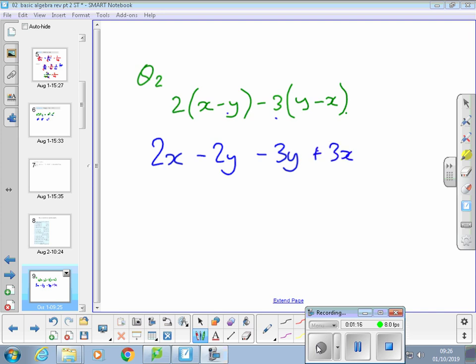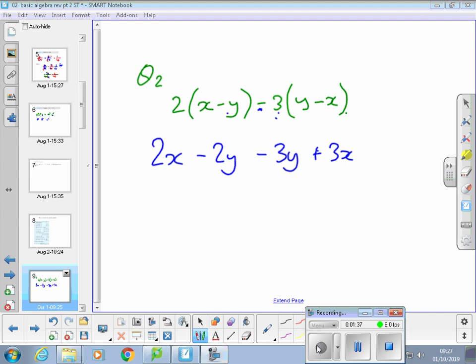Remember what we said, this sign here goes with that number. If you deal with that separately, what you've got to do is take all of the multiplying out of that, 3y plus 3x, away from all of that. That's a more tricky way to do it.